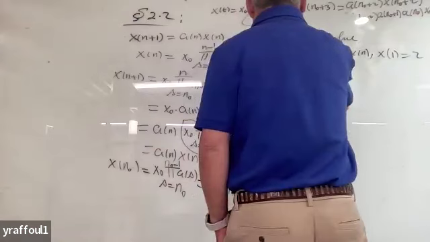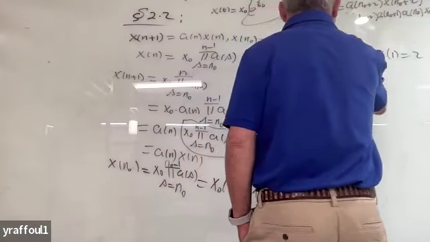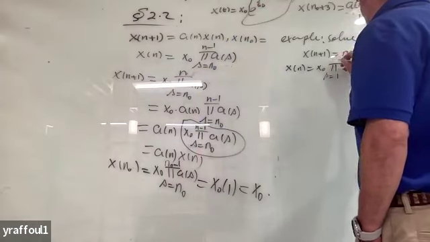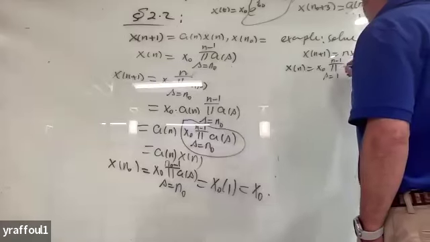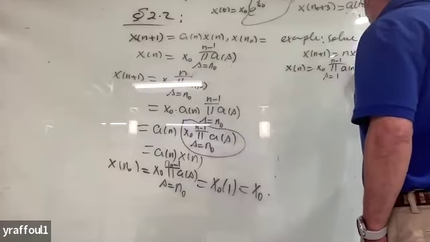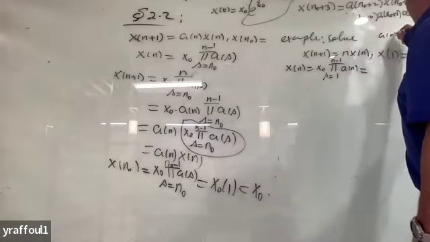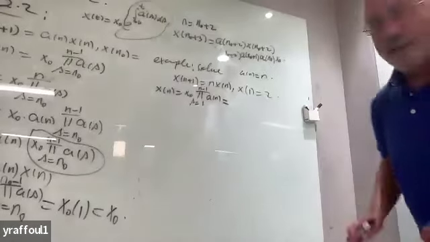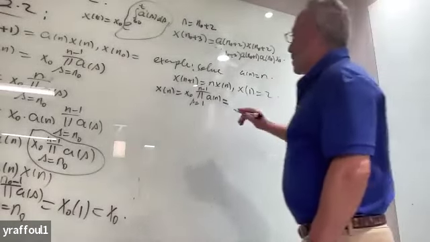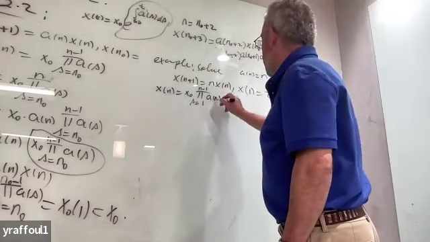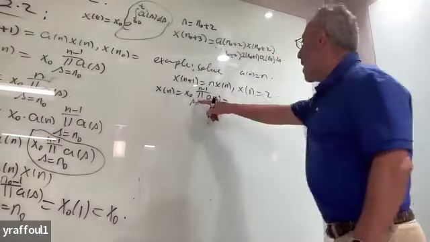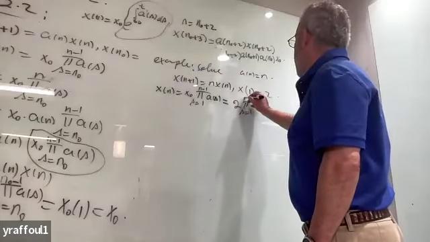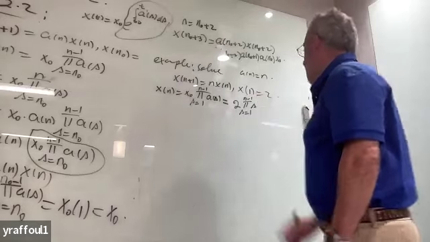So the solution x_n is x0 times the product from s equal to 1 to n minus 1 of a_s. You remember now a_n is n. So this is as. And x naught is 2. So this is 2 times the product from s equal 1 to n minus 1 of s.